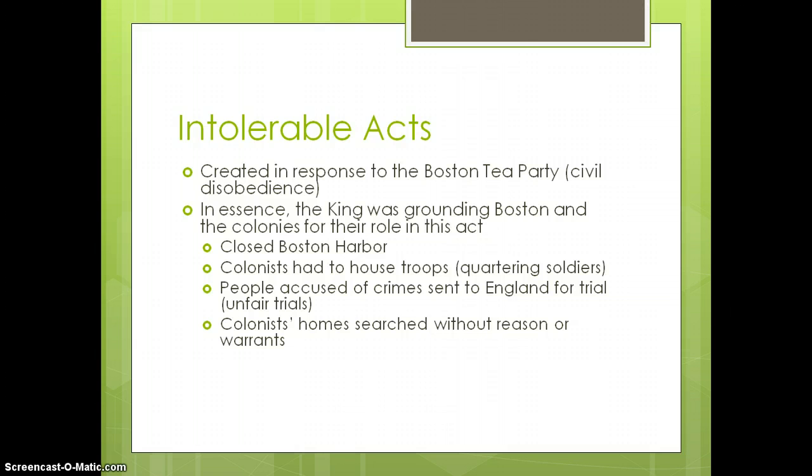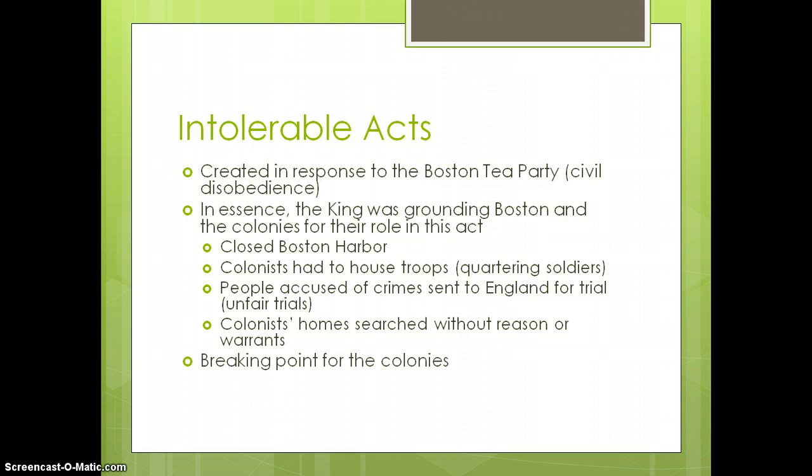And so they had a problem with quartering soldiers, and so they wrote the Third Amendment, the Third Bill of Rights, that said you can't quarter soldiers. They had unfair trials, and so they had trial by jury, which is, I think, number 7. And then they had colonists searching homes and things without warrants, and I think that's number 4 of the Bill of Rights. And so these are all ways that they address them.